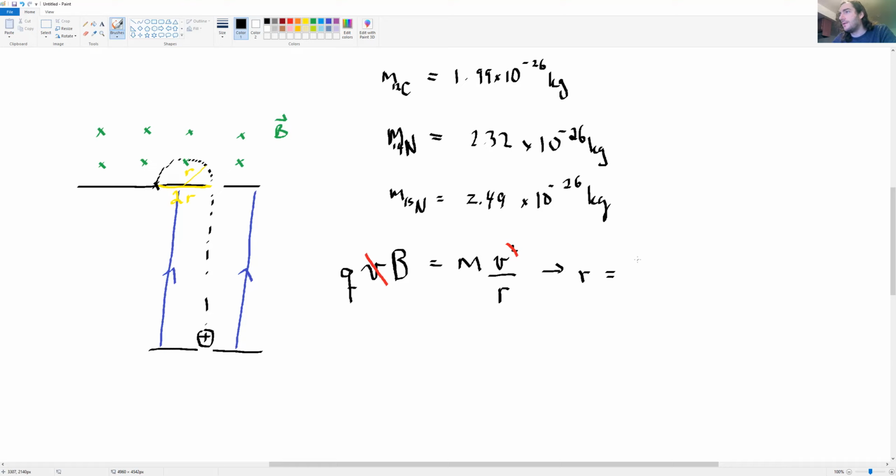And what we end up with is r equals mv over qB. And so if we have more massive isotopes, then the radius of their circular motion will be larger, since mass shows up on the top here. So if we double the mass, then we double the radius of the circular motion, right?